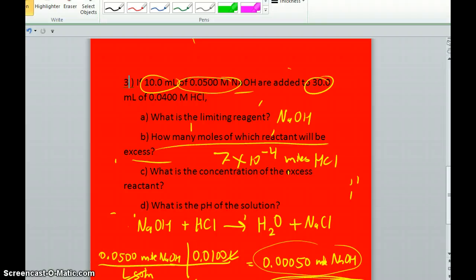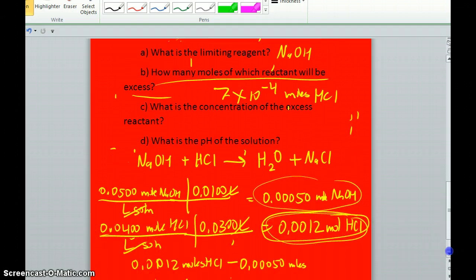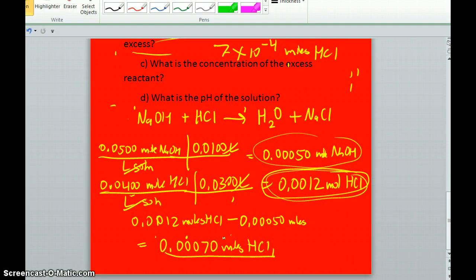Well, let's remember we reacted these two volumes. We mixed them together to get the reaction. And this base was 10 milliliters, and the acid was 30 milliliters. So when the reaction finishes and our excess hydrochloric acid is left over, it's going to be in 40 milliliters of solution, the total amount of solution created in the reaction.